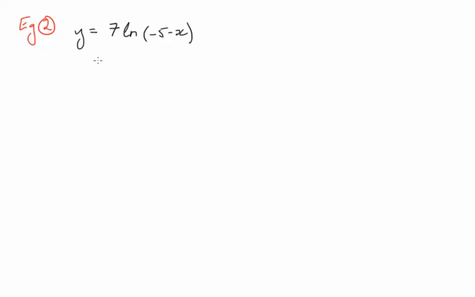So another way to write this equation, I'll give you a quick note over here. Another way you might write this is, well, it's equal to 7 log base e of 5 minus x. These mean the exact same thing. That stands for natural logarithm, log natural, ln.